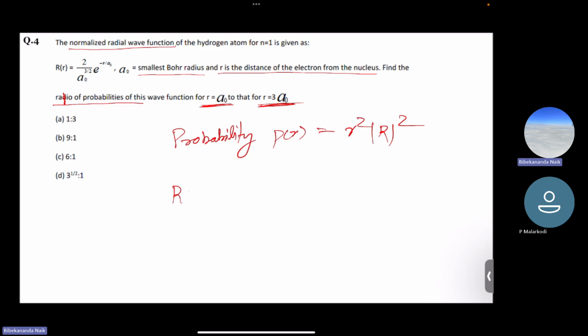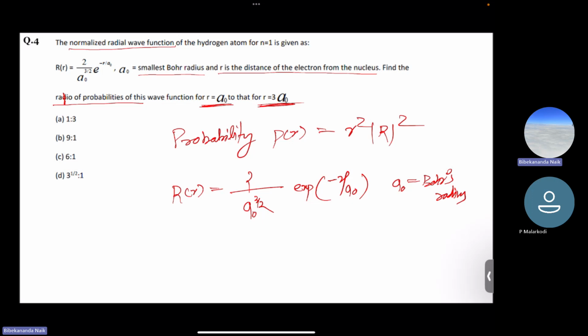The radial wave function is given, which is (2 by a0) to the power 3 by 2 exponential minus r by a0, where a0 is the Bohr radius.